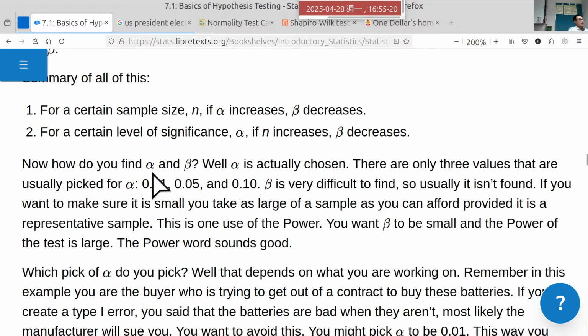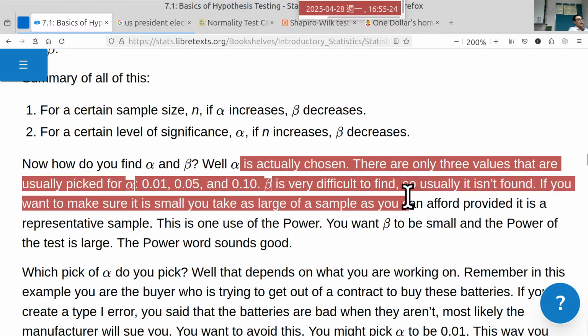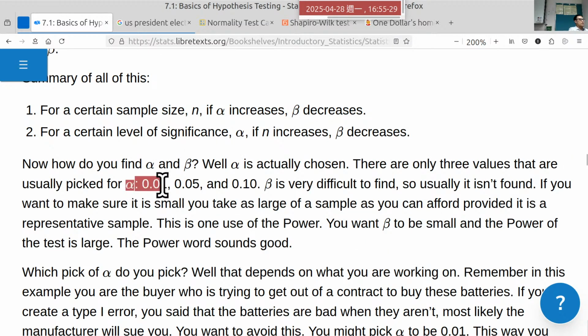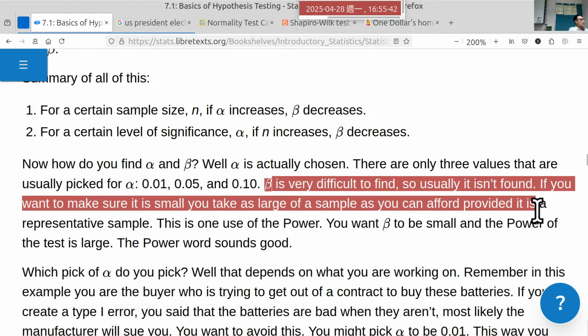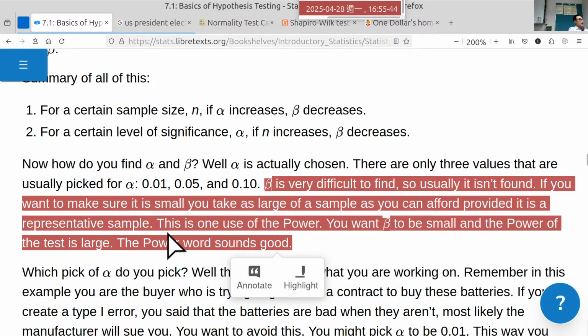Now, how do you find alpha and beta? Alpha is actually chosen. There are usually only three values picked for alpha: 0.01, 0.05, and 0.1. Beta is very difficult to find, so it is usually not found. If you want to make sure it is small, you take as large a sample as you can afford, provided it is a representative sample.